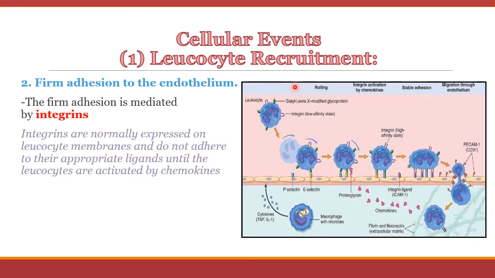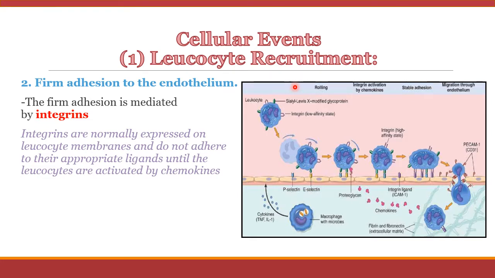What are the integrins? They are receptors found on the neutrophils or the leukocyte membranes. And the ligands for these receptors, or the complementary structures, are present on the surface of the endothelial cells. When we have leukocyte activation in the area of the inflammation, these integrins are going to be attached to the ligands on the endothelial cells.